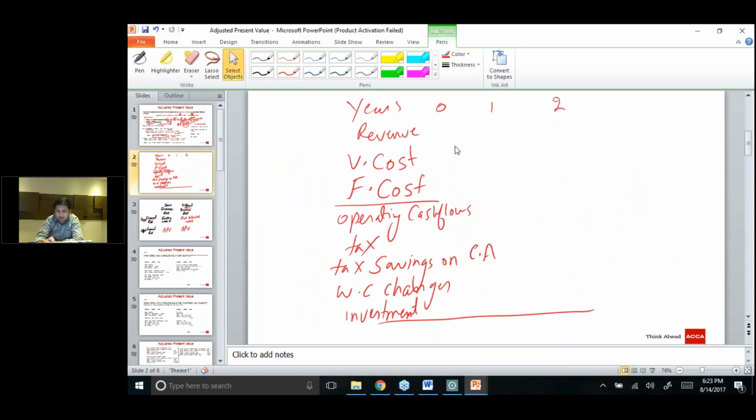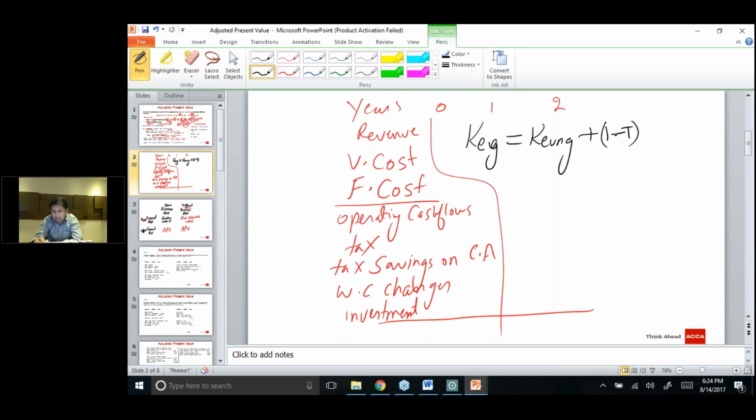So in the exam, the equation is given like this: cost of equity of geared company is equal to cost of equity of ungeared company plus (1 minus T)... it will be given, and you are going to calculate this.